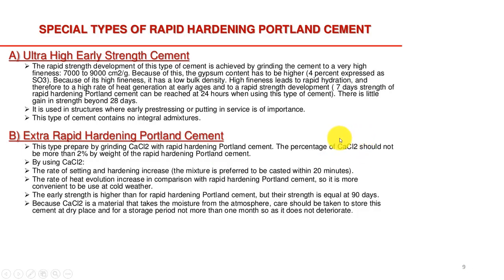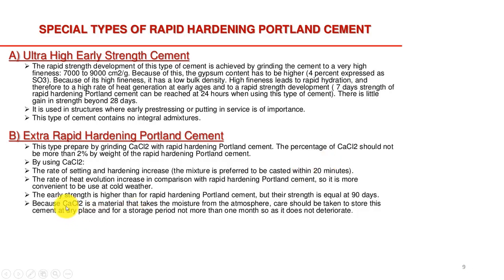Calcium chloride is an old version accelerator that nowadays cannot be used in reinforced concrete because of the chloride content. Basically, chloride induces corrosion. It induces the corrosion on the steel bars in the reinforced concrete, thus reducing the design age of the structure.